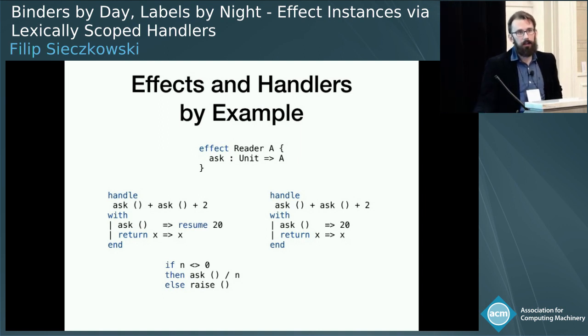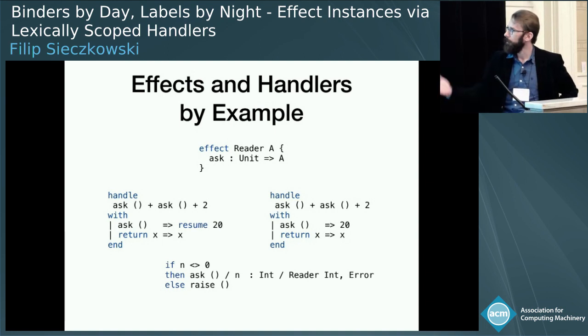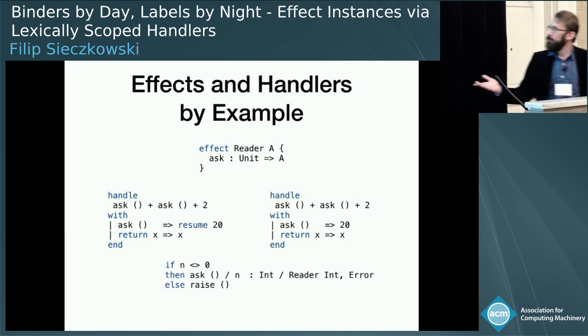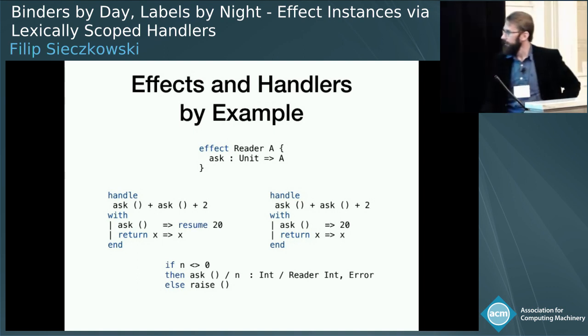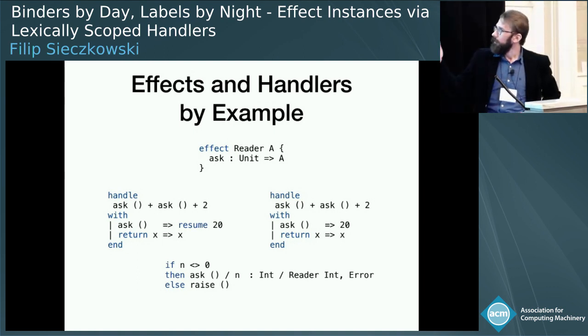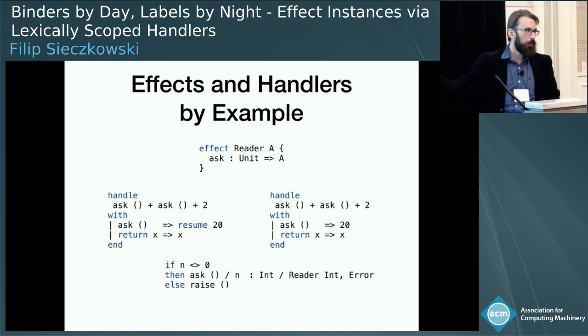We invoke another algebraic effect to raise an error. So what sort of type could we assign to this piece of code? Simply, it will be an integer if it's an integer division, and it's a reader int, because we're asking for a value of type int of the environment, and it might also raise an error.